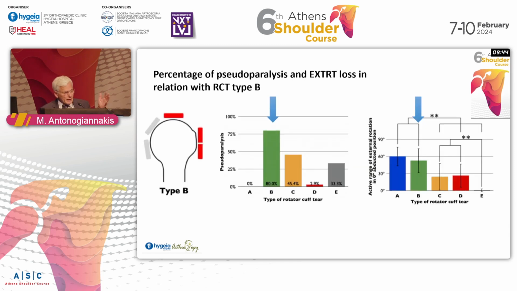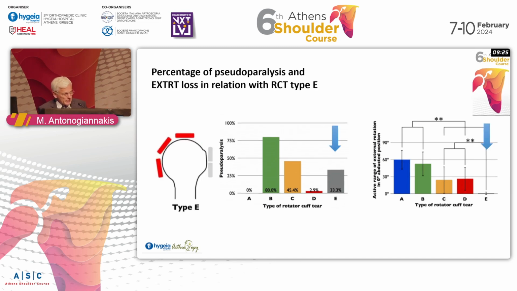And then we had type B tears, which were those that disturbed function most, with pseudoparalysis in 80% of patients, and 20% of patients with this type of tear still functioning. And type P tears combined the superior and the posterior cuff, with loss of external rotation in combination with the inability to raise the arm.